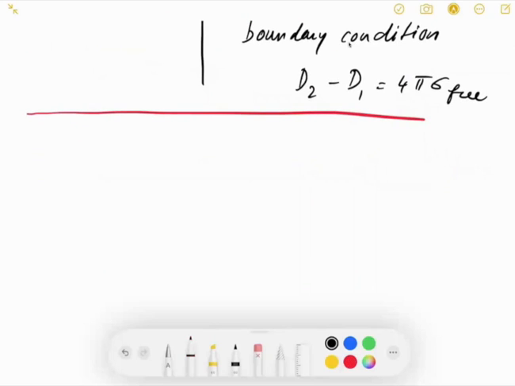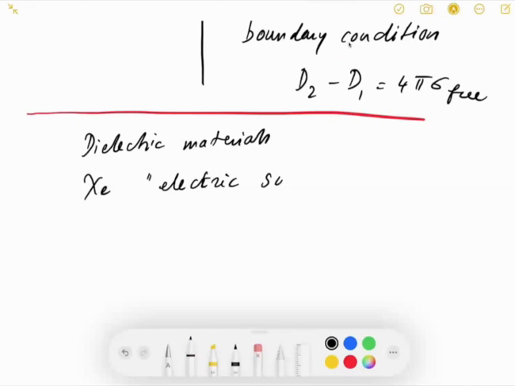So finally, for dielectric materials, we also have another quantity, and that's the chi E, which is the electric susceptibility.